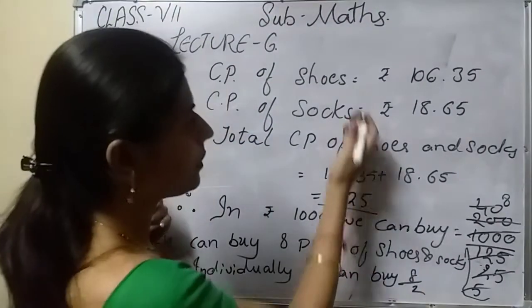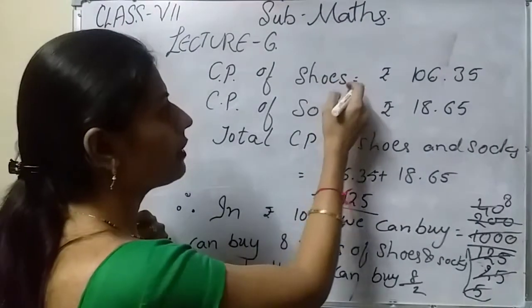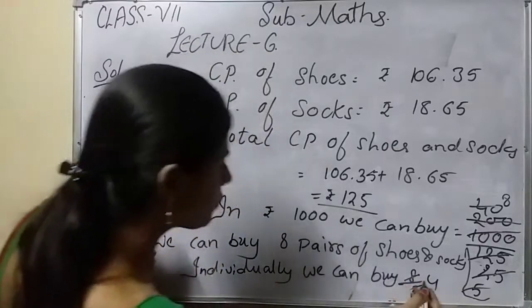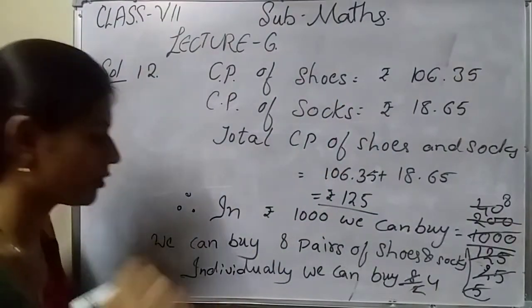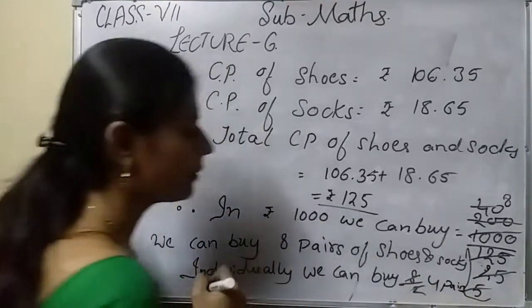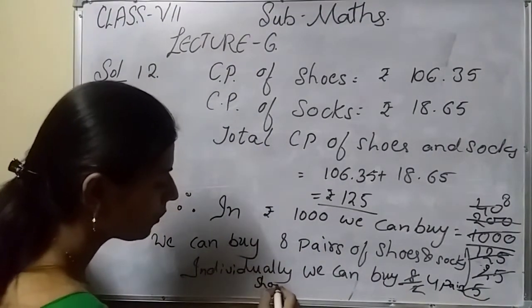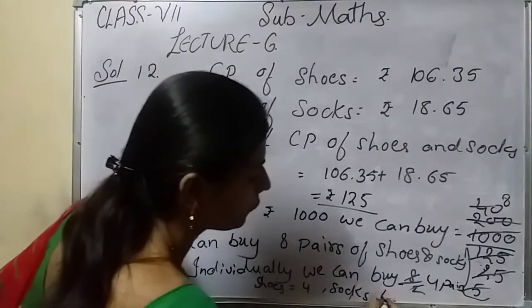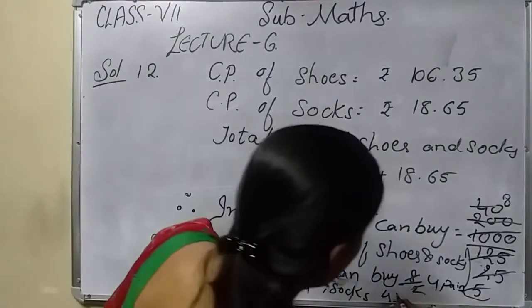We have to do half because we have to make shoes also and socks also. 4. So 4 socks and 4 shoes. Shoes also 4 and socks also 4 pairs.